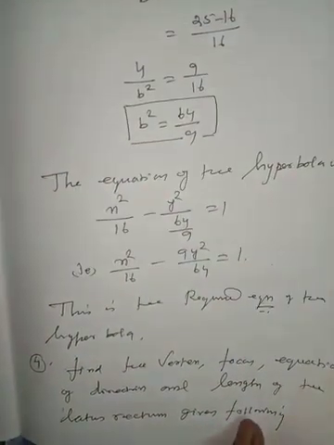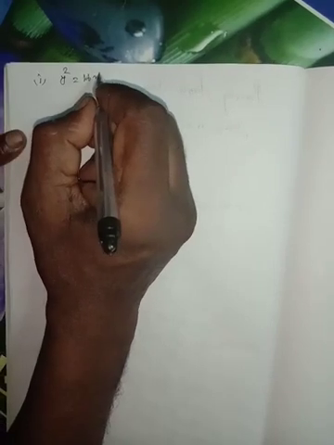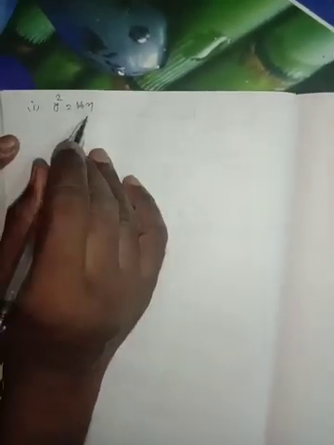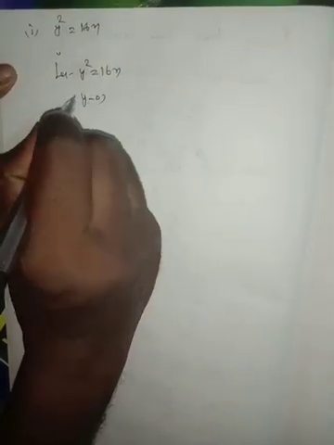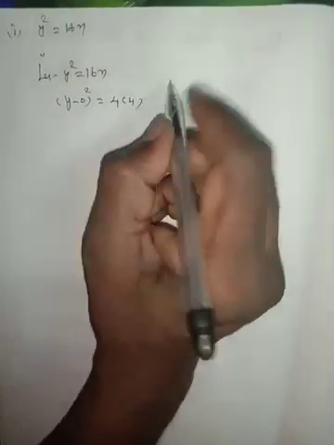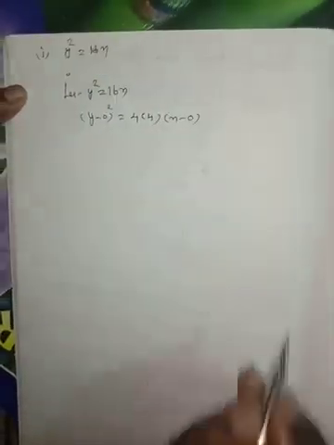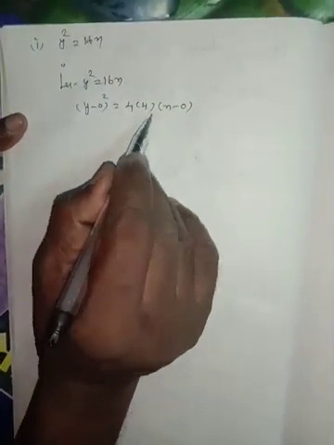Number 1, y square is equal to 16x. The general form of the equation: y square is equal to 16x, (y minus 0) whole square is equal to 4a into (x minus 0).